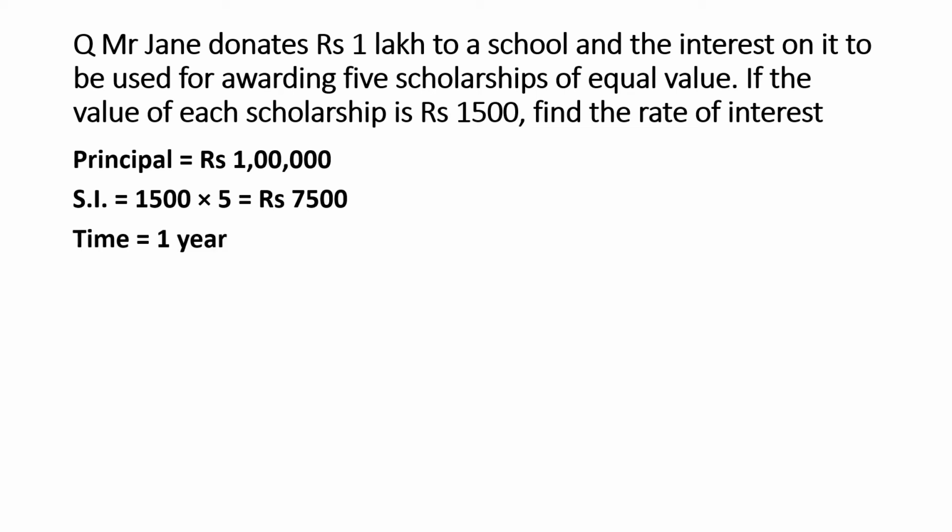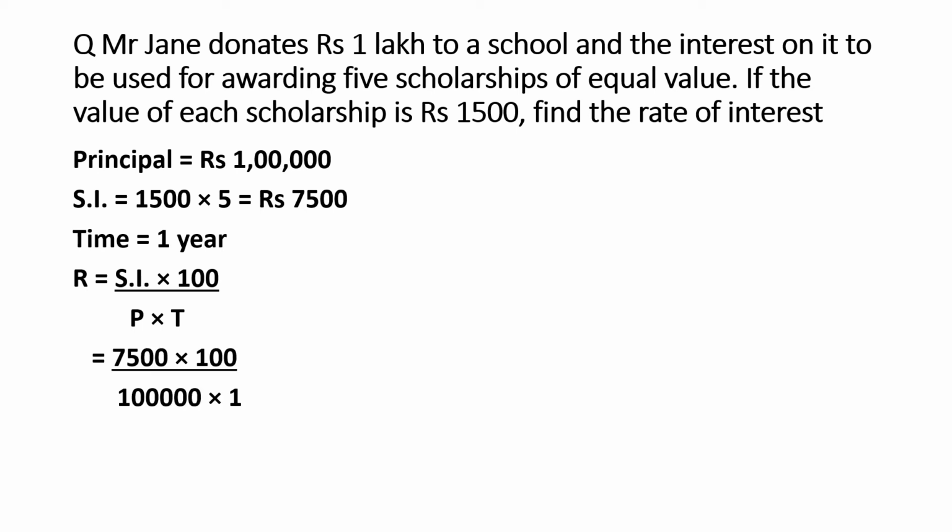Now we need to find the rate of interest: SI into 100 upon principal into T. 7500 into 100 upon 1 lakh into 1, and the rate of interest is 7.5%. In this question, the thing to observe carefully is that time is 1 year, because the scholarship is awarded every year to the students, and everything else is given: principal, simple interest, and you have to find the rate of interest.